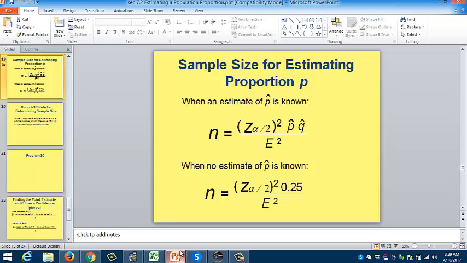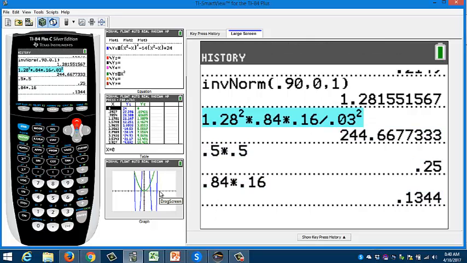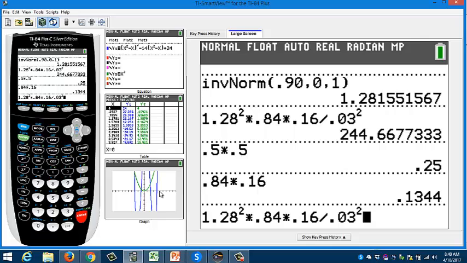So I can go ahead and type that in, right? Here, let me go back to the calculator and get the same value you got. So I guess, again, if I type the same thing in, but instead of this 0.84 times 0.16, I'll just type in 0.25.